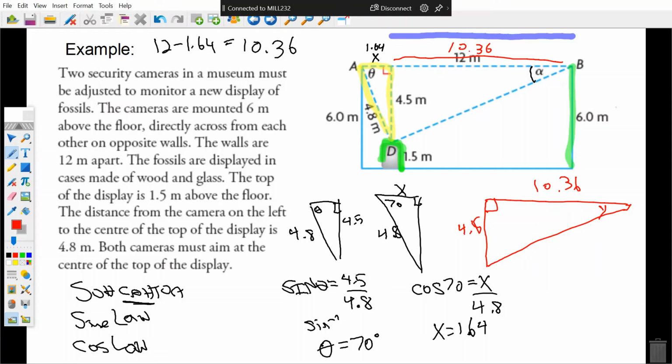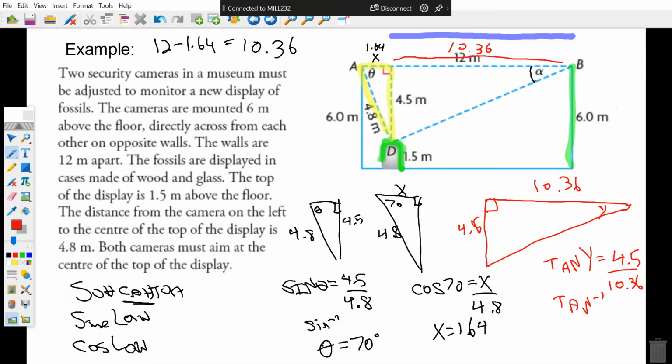So again, if we have a 90-degree angle, our life is pretty easy. So we just go opposite adjacent is tan. Tan of angle Y is 4.5 over 10.36. 4.5 divided by 10.36 gives you 0.434, etc. Trying to find the angle, so we're going to use tan to the minus 1.